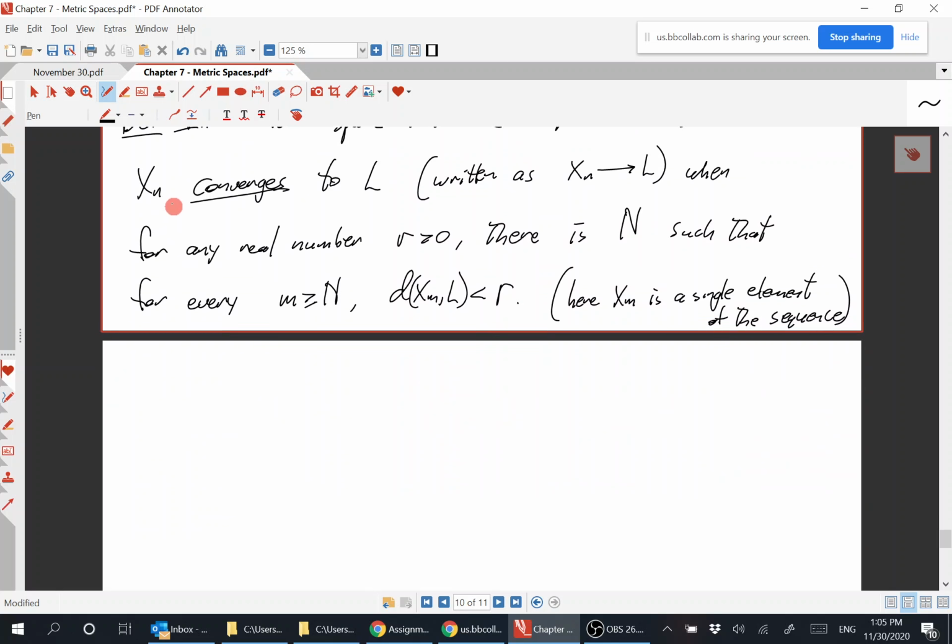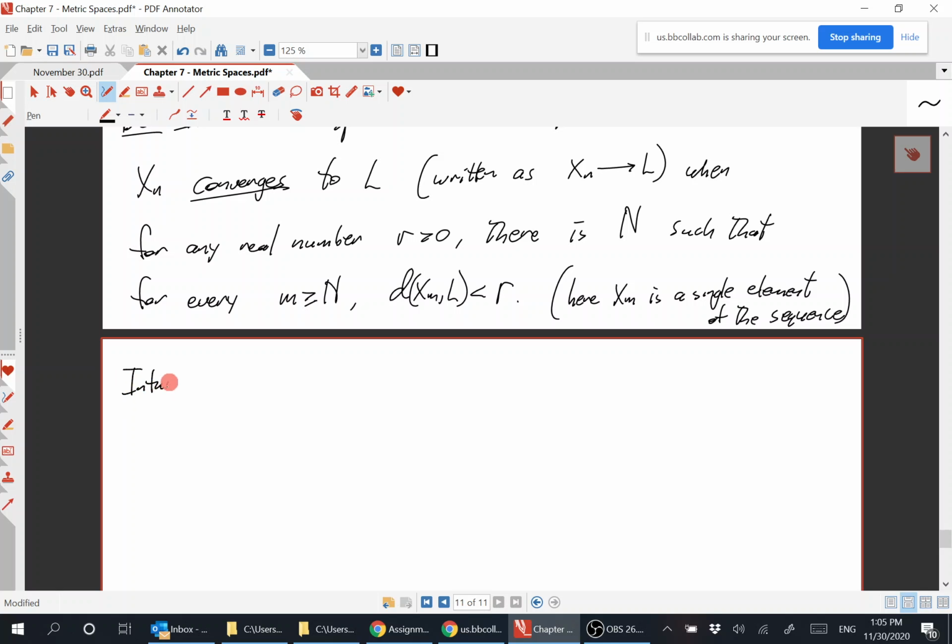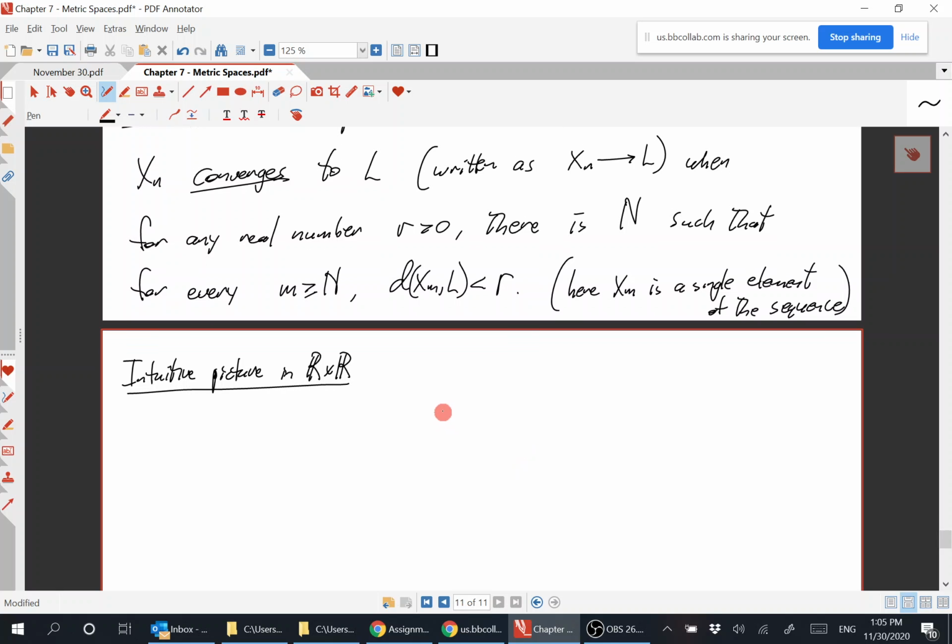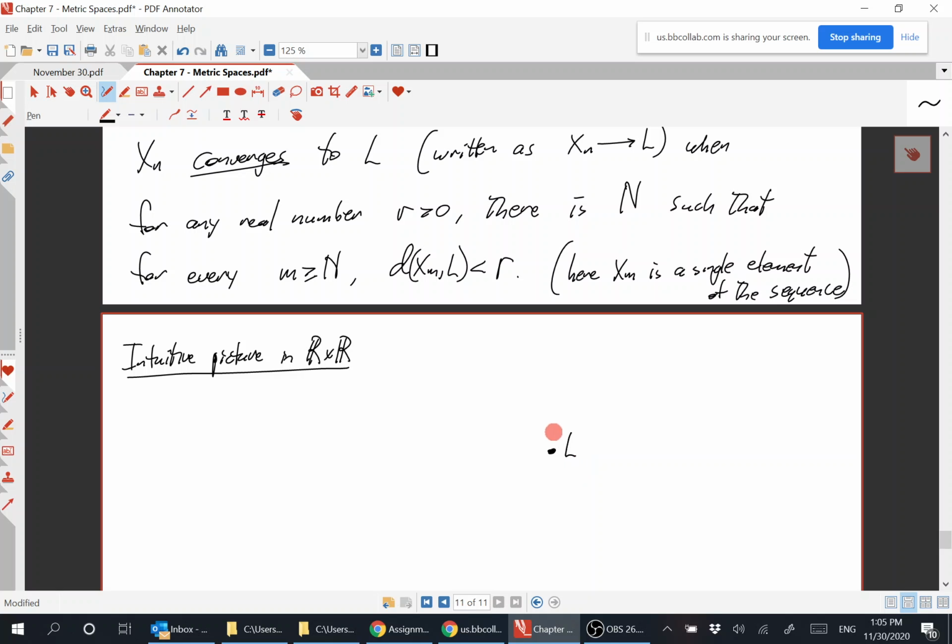So intuitively, here's the intuitive picture. In R cross R, here's L, and here's the ball of radius r around L. The sequence x1, x2, x3, x4, x5, x6, x7.